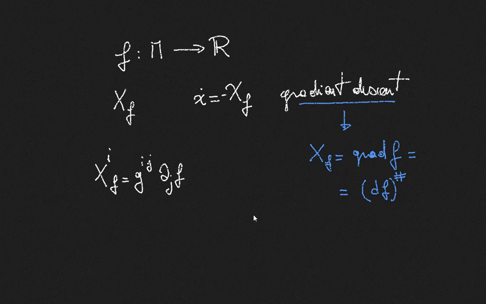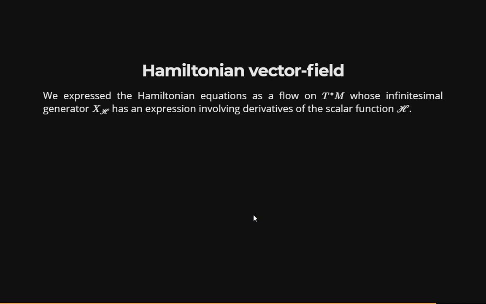I don't know if I ever said this, but the gradient descent can be seen as the discrete version of following the flow of the gradient vector field.